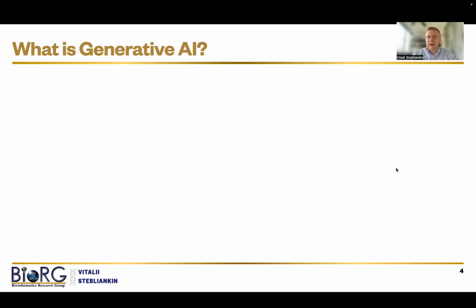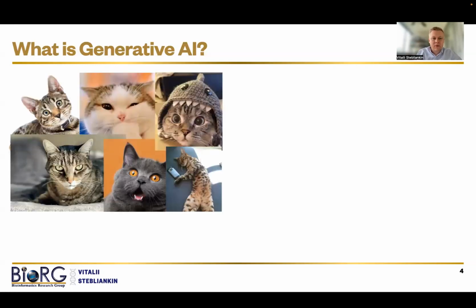So what is generative AI? From the name, it is easy to deduce that it is artificial intelligence that generates something. But how can a model generate? The important component is training.